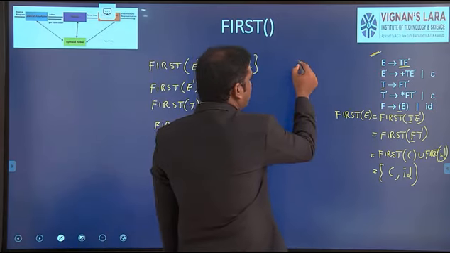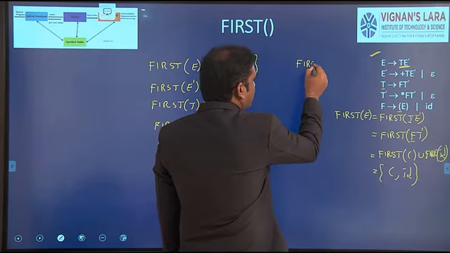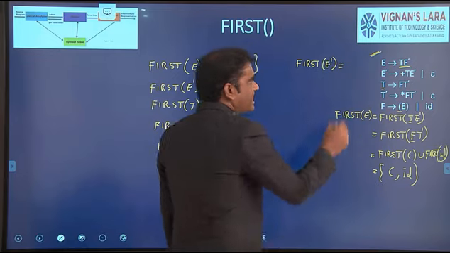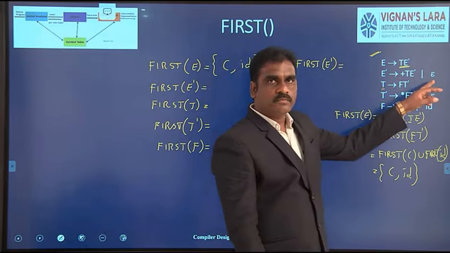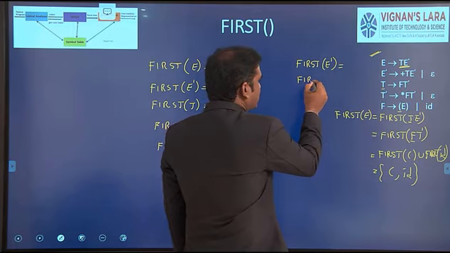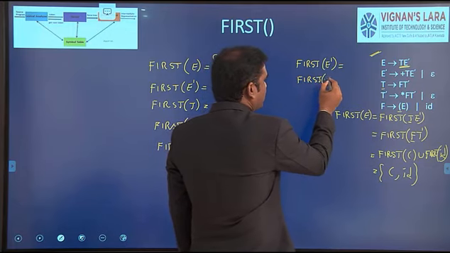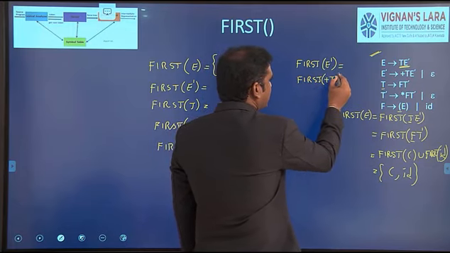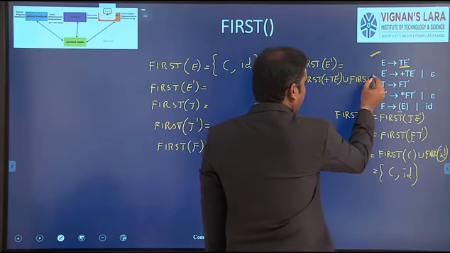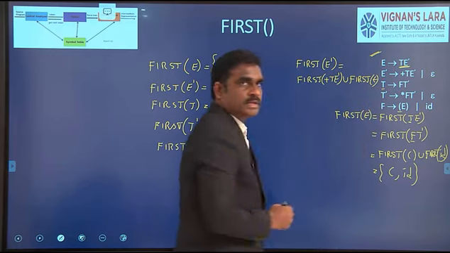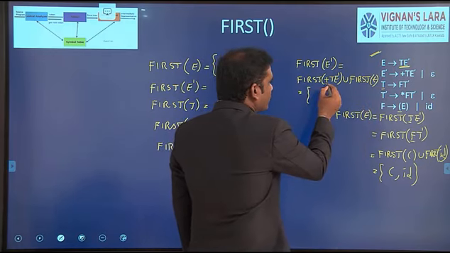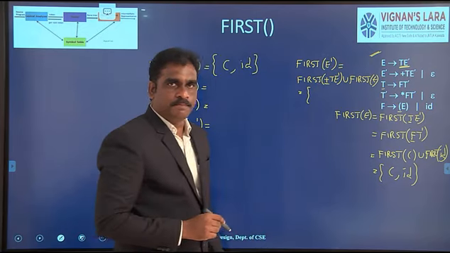Same way, next one, first of E dash. E dash has two productions. What is the first production? Plus TE dash, union first of epsilon. Here it starts with plus.